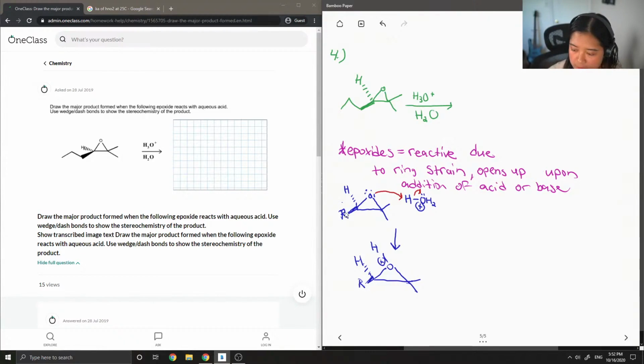And then from here, I'm gonna draw the resonance structure of this molecule. And then I'll explain why this resonance happens in a bit.